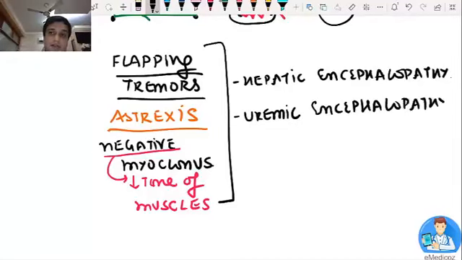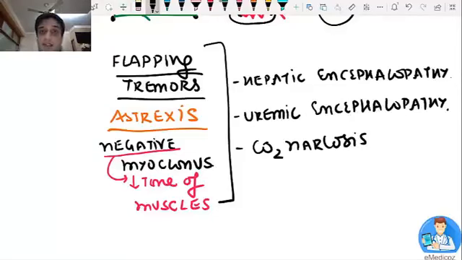And the third one is CO2 narcosis. That means a disease known as respiratory encephalopathy, where carbon dioxide collects a lot and affects the brain centrally. Another name for respiratory encephalopathy. Hepatic, uremic and CO2 narcosis, all these three conditions result in a flapping tremor, asterixis or a negative myoclonus.